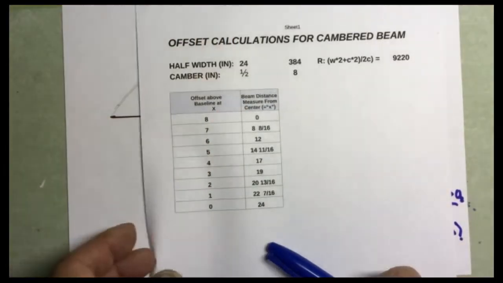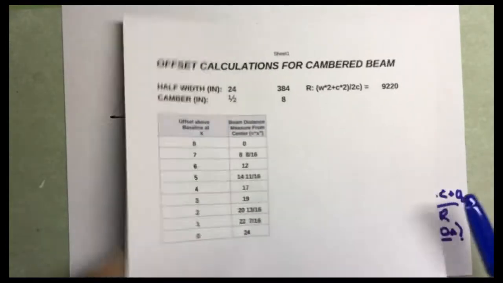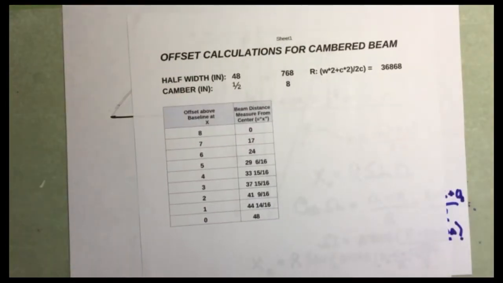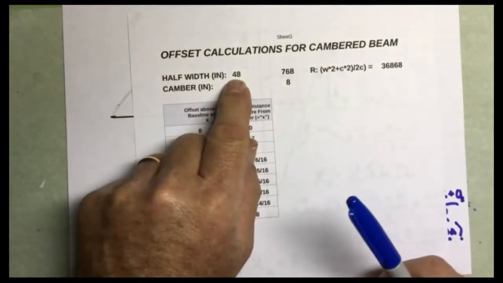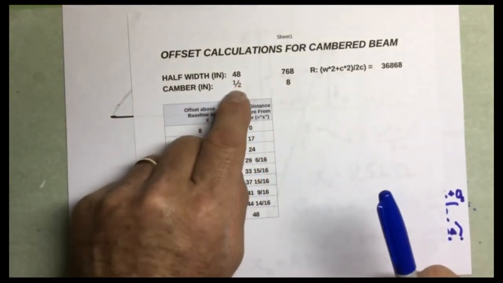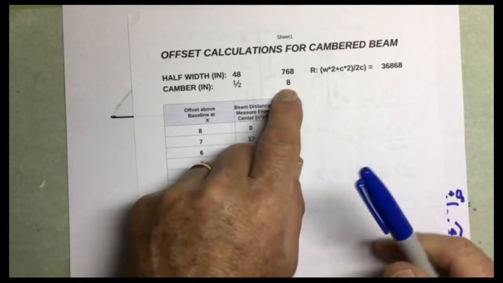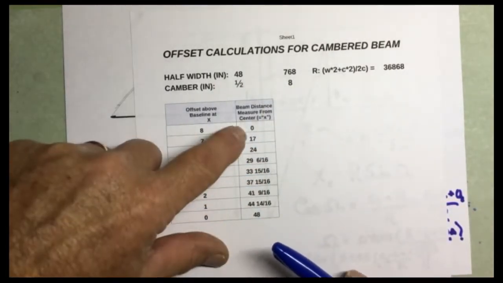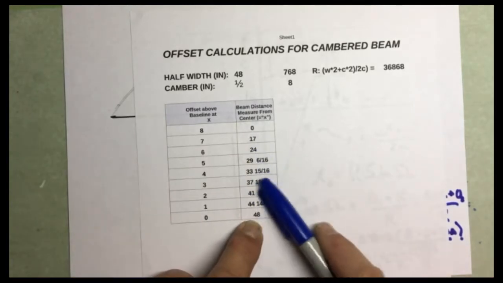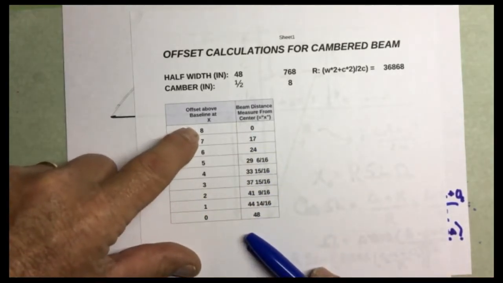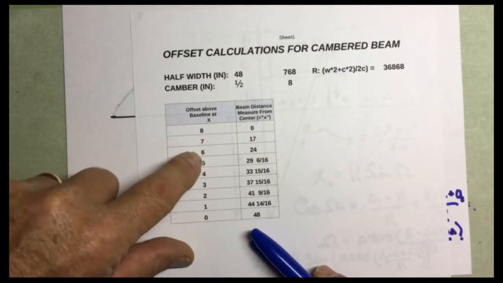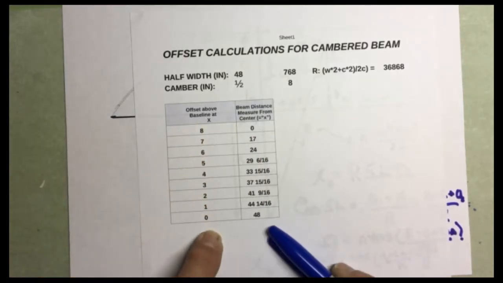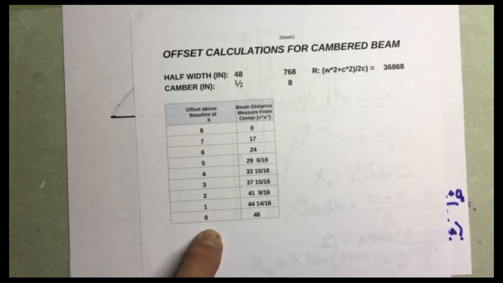And then if you wanted to change your dimensions, here's an example of a beam that's 8 feet with a half width of 48 inches. I kept the same camber, and the calculations work out then of this many inches offset from the center, and for each of those positions, this is the height where you'd put the point or nail.